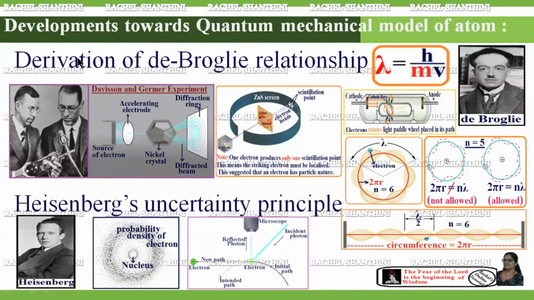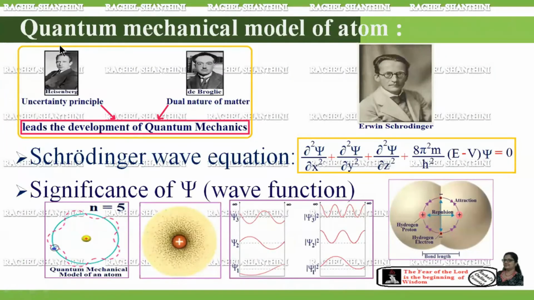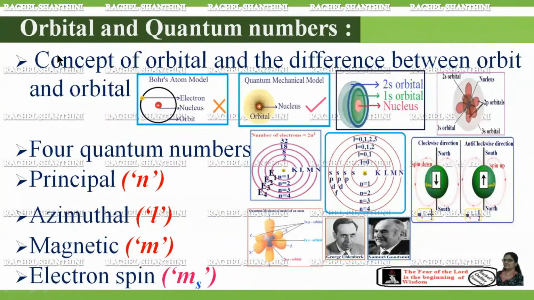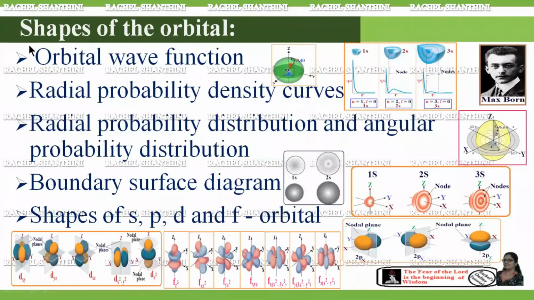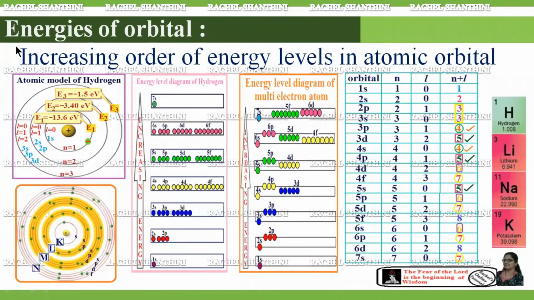In session 2.6, we saw two developments towards the quantum mechanical model of atom. In 2.7, the quantum mechanical model of atom. In session 2.8, orbitals and quantum numbers. In 2.9, shapes of orbitals. In session 2.10, energies of orbitals.